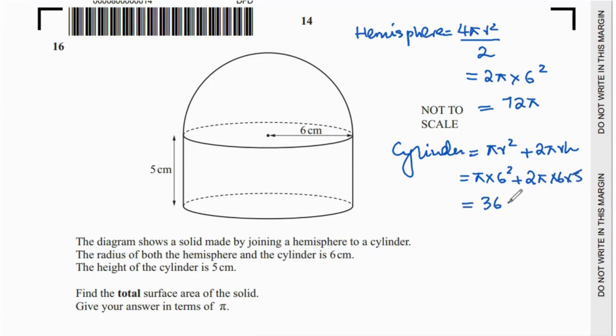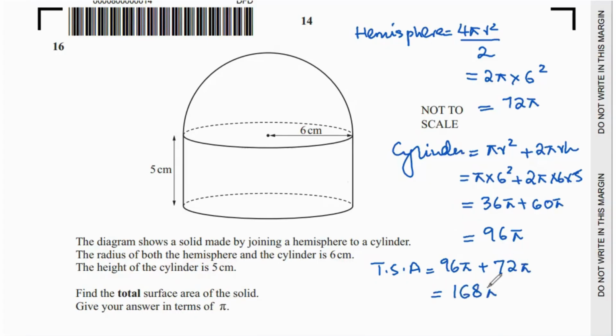That's 36 pi plus 60 pi, which is 96 pi. Now for the total surface area, we'll add the two. Total surface area is 96 pi plus 72 pi, which is 168 pi.